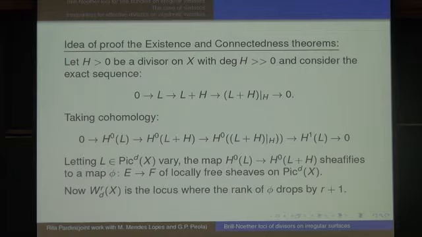So you see here that it's a Fitting locus, it's the determinantal locus. I think the map H0 of L plus H is the middle map. Yes, that's the middle map. But it's not what you wrote.